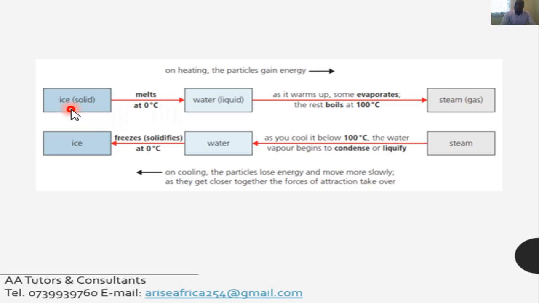When you're moving from solid to gas, you're taking in energy. Energy is gained by the substances, and melting takes place at a specific temperature. Boiling also takes place at a specific temperature for each and every substance on Earth.